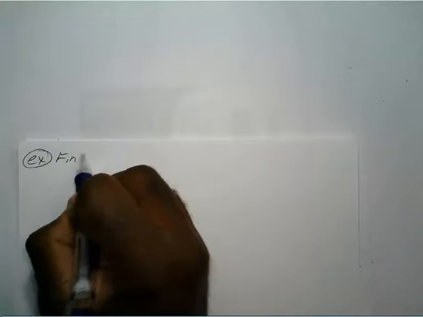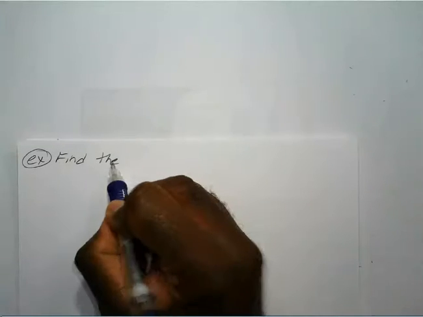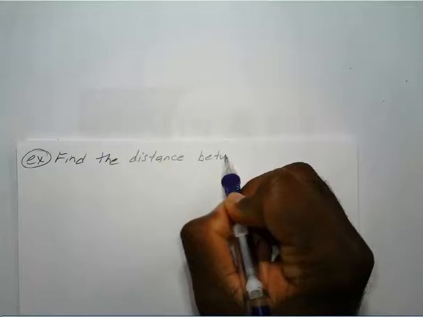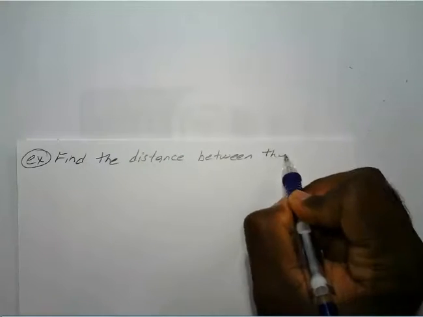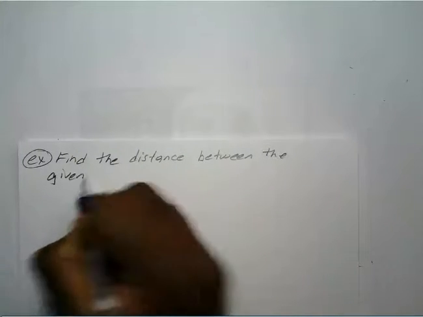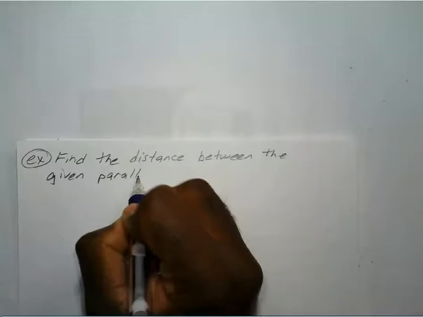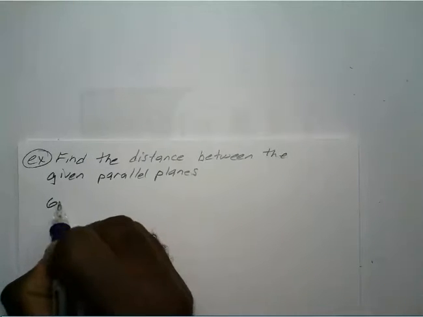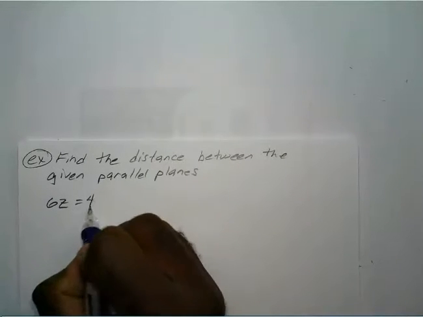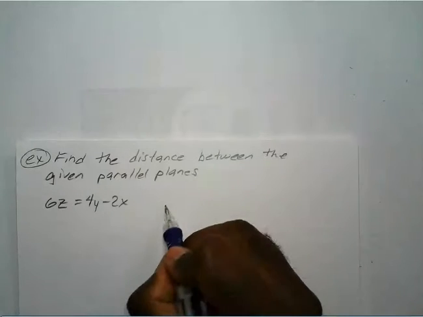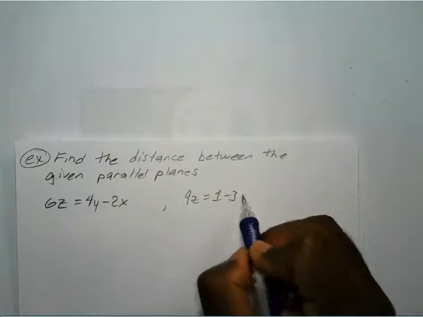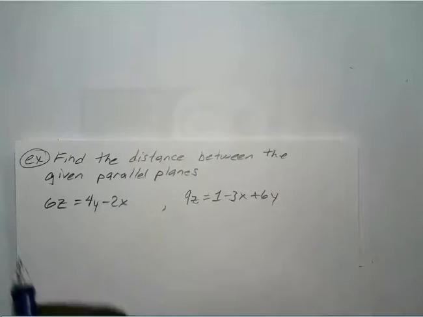All right, so for example, what if we wanted to find the distance between the given parallel planes? Okay, so you have 6z equals 4y minus 2x, and you have 9z equals 1 minus 3x plus 6y.